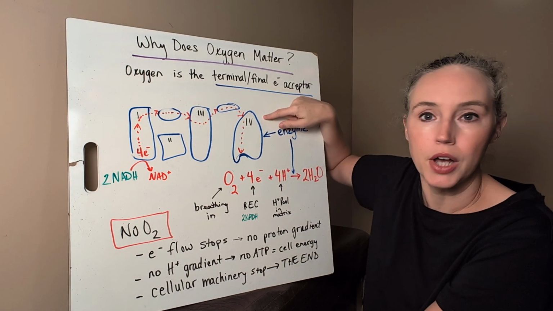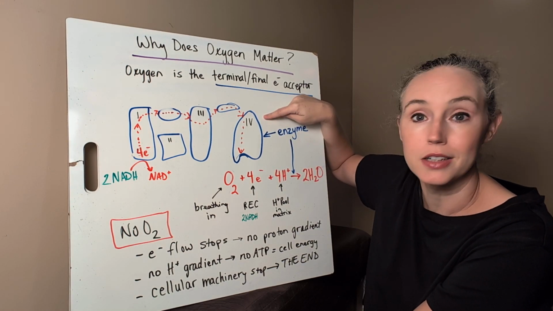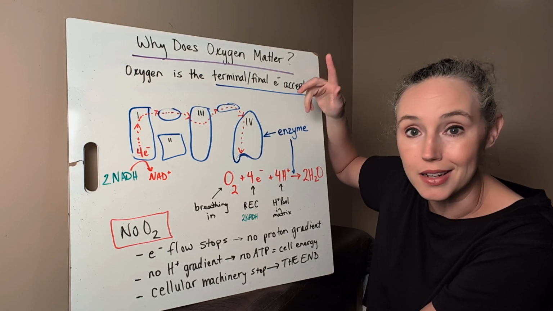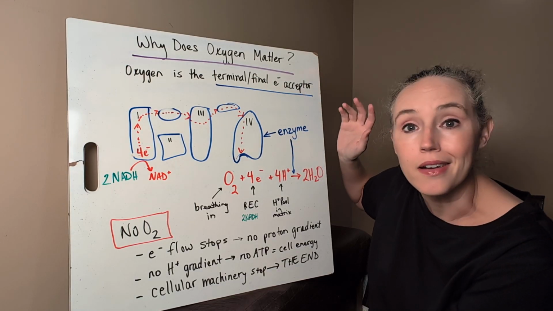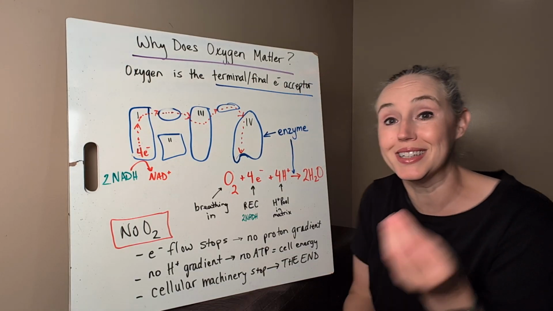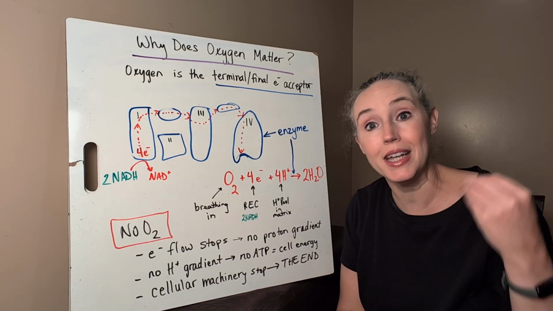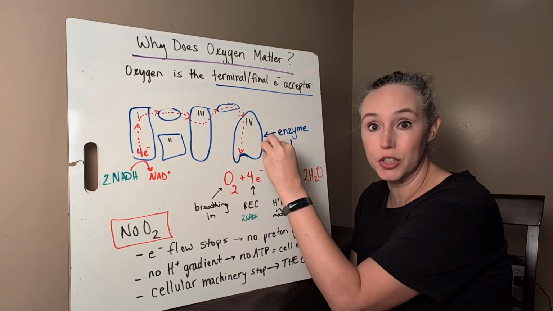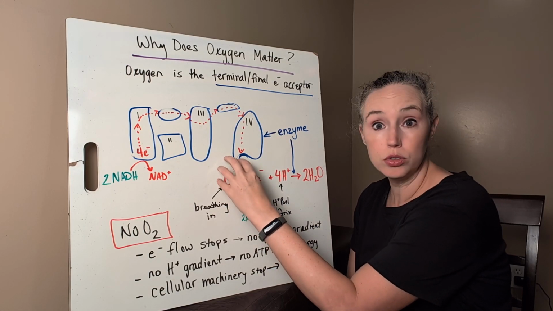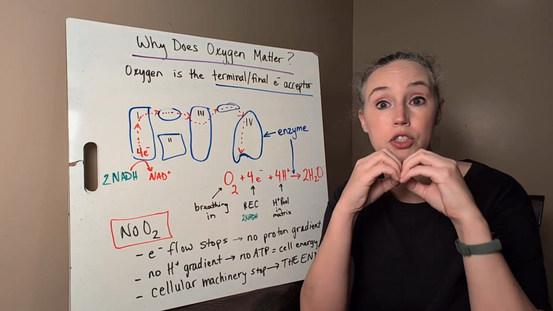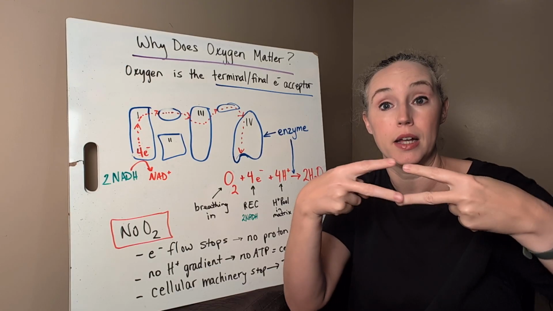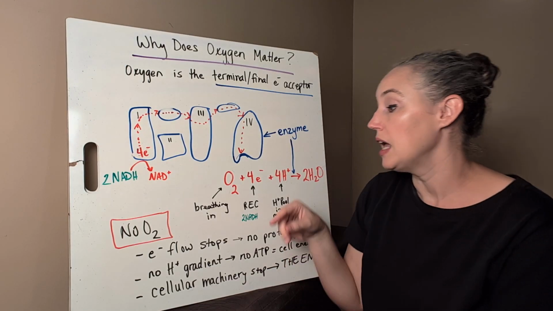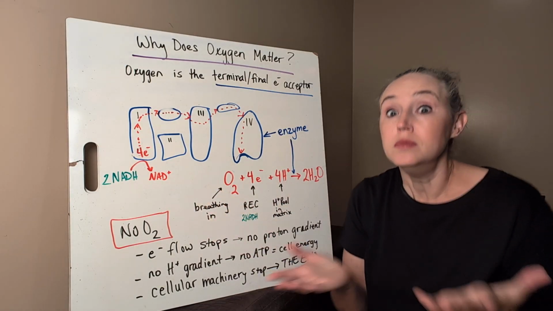This isn't just a tunnel for electrons to go through. It's actually an enzyme, so it functionally does stuff too. What it's going to do is take O2, which is two oxygens bound together by a double bond. And where does this come from?